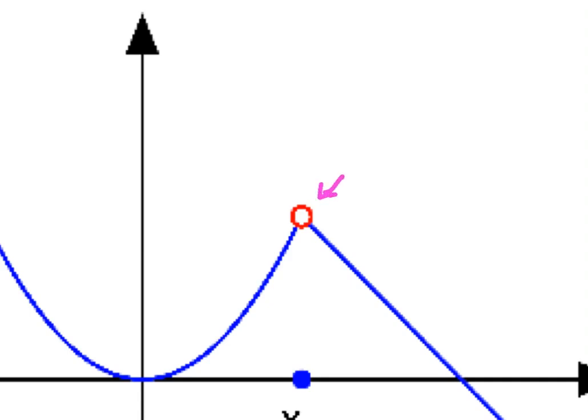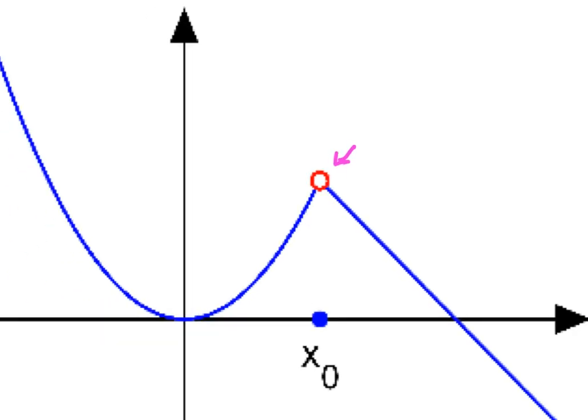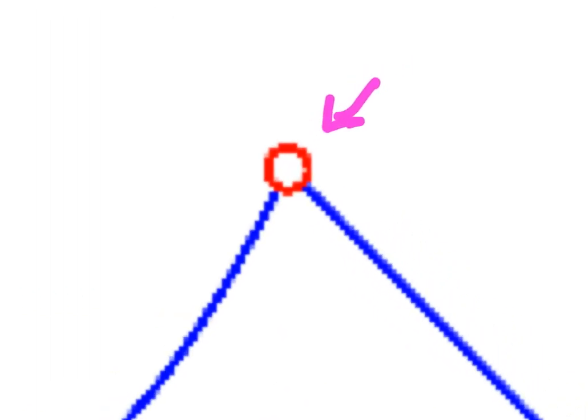To be more mathematical about it, the limits going from the left and from the right both go to the same number, but the function, or f of that number, is not the same as what the limit is.